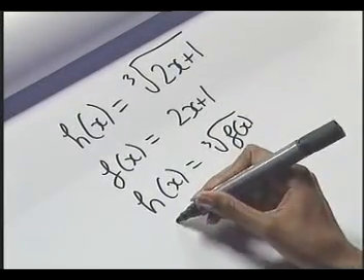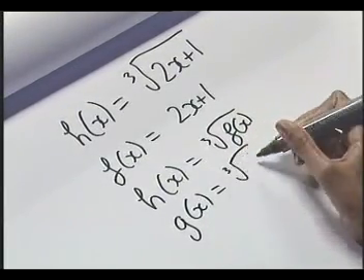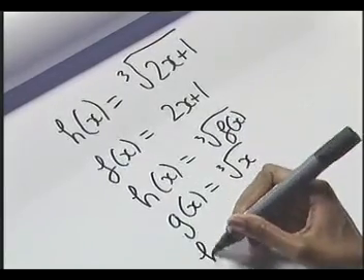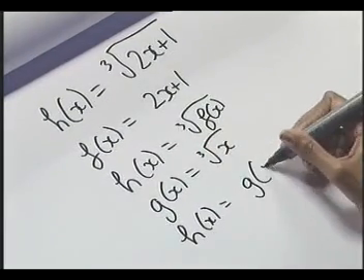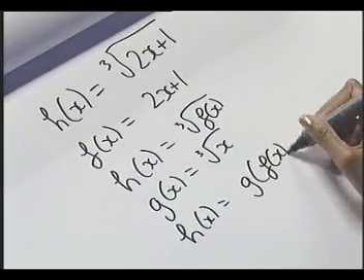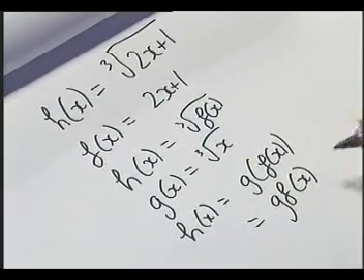So then if we set g of x to be the cube root of x, we get that h of x is g of f of x, so that's g f of x. Being able to decompose functions will be very important when you come to do things like integration and differentiation.